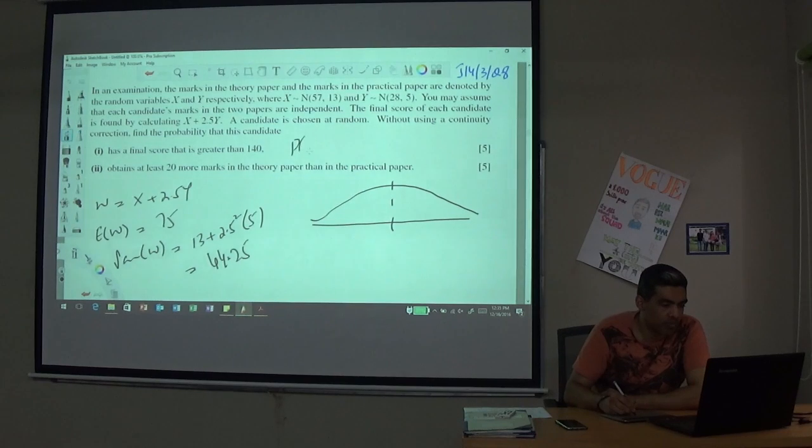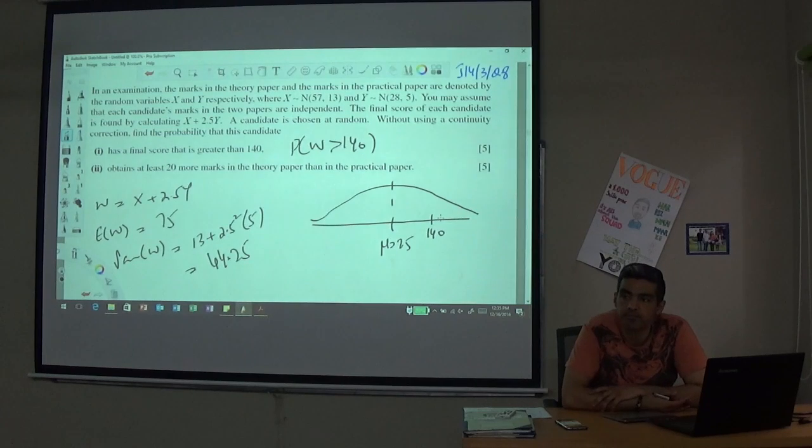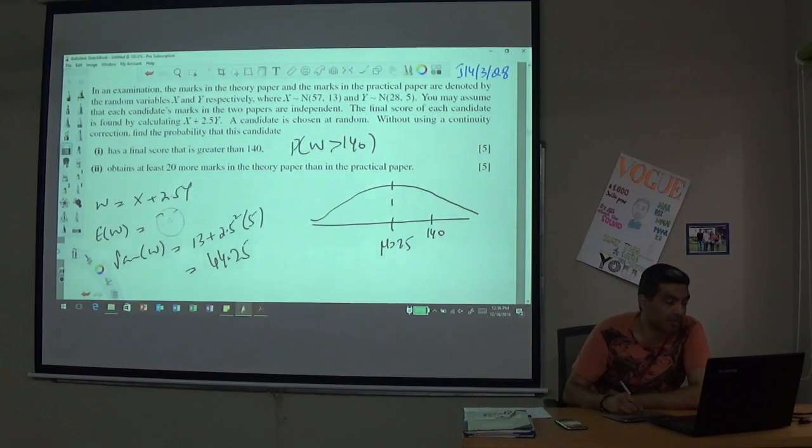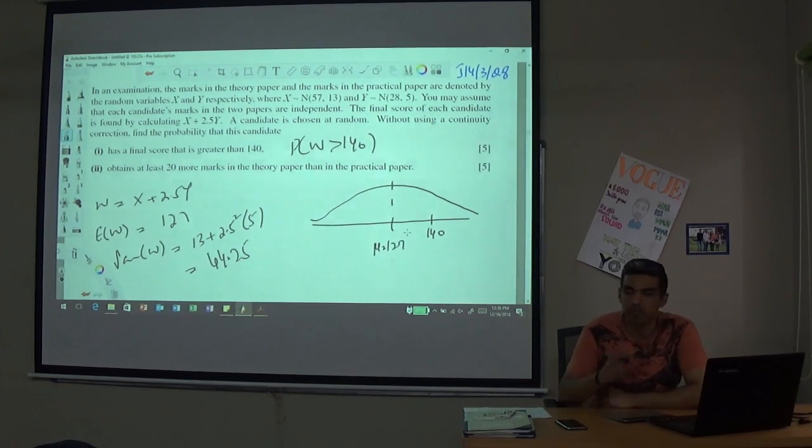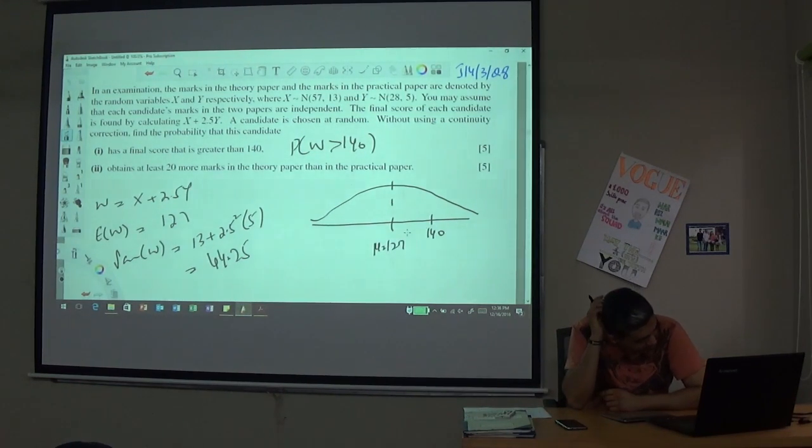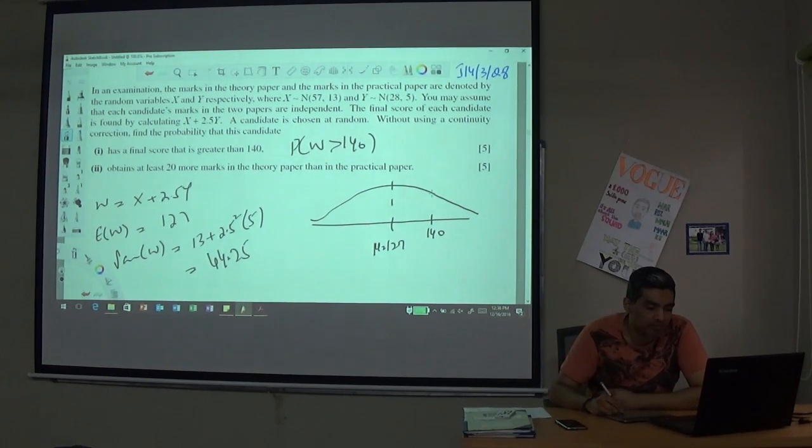What do we want? We want the probability of W to be greater than 140. Mean is 75, and 140 is definitely to the right.